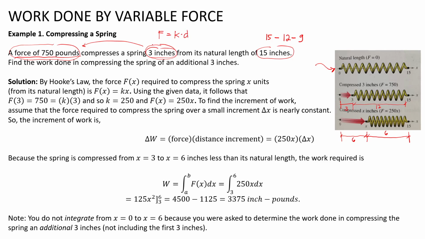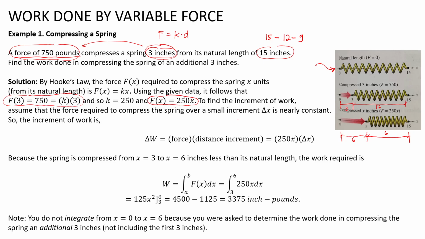So this one is 750, as you can see here. So k is equal to 250. Meaning at any distance, the force generated with respect to the spring constant is given by this formula.